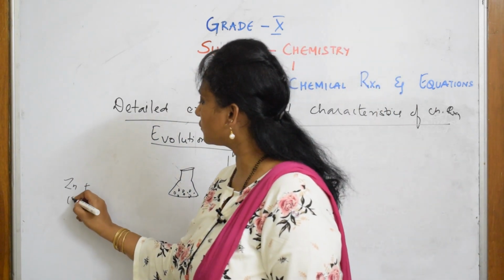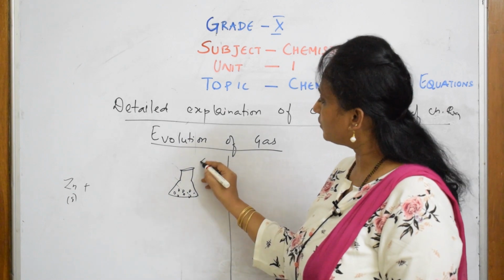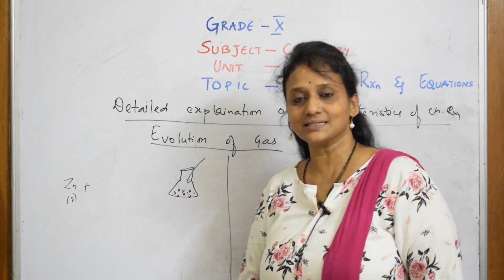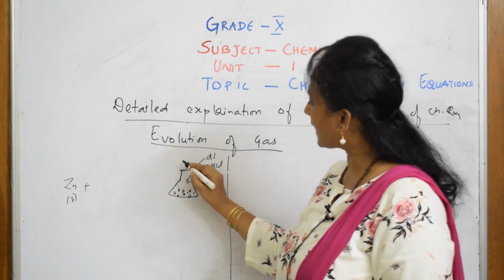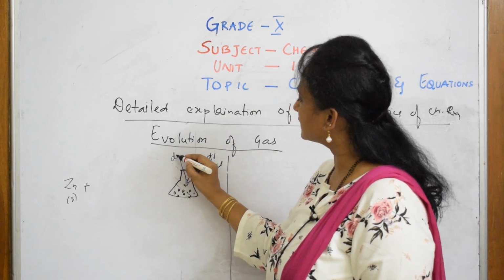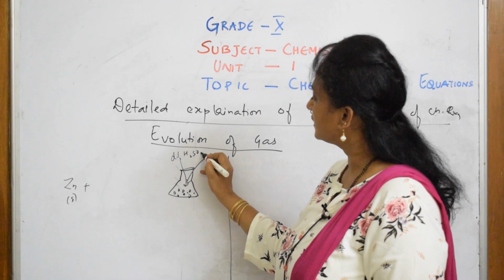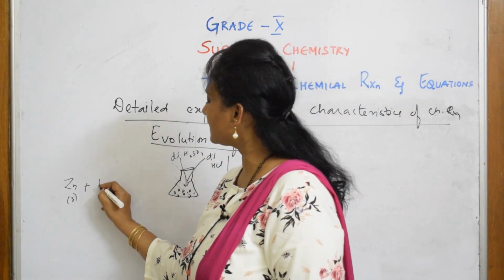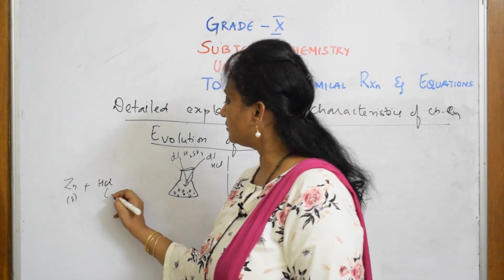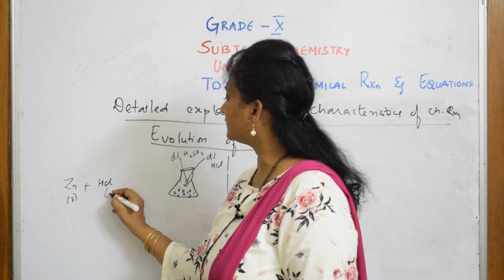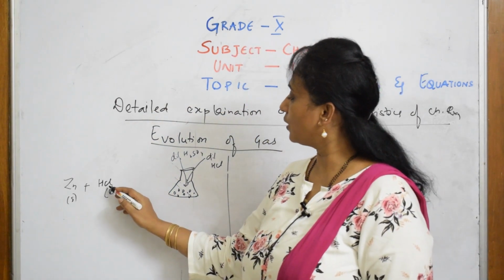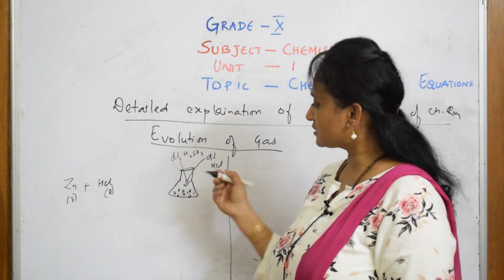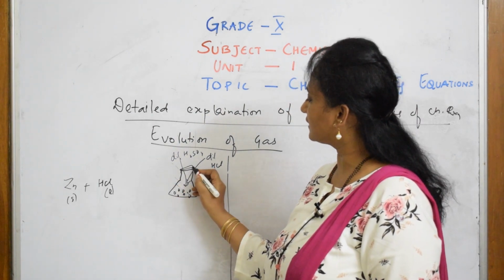It's solid. To this, I'm going to add an acid, dilute HCl, or you can also add dilute sulfuric acid. Here the HCl is in the liquid state. When this reaction happens, after some time you're going to cork it like this.